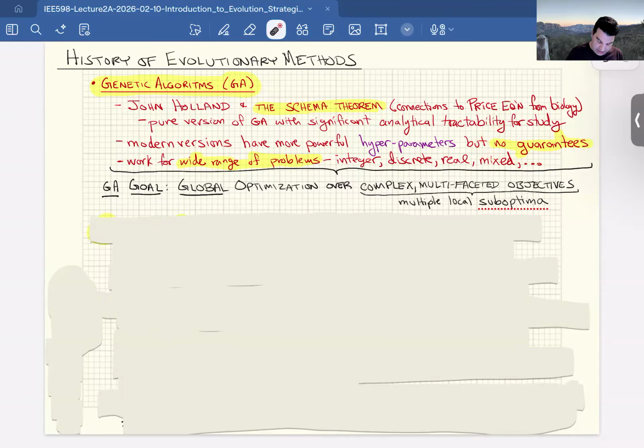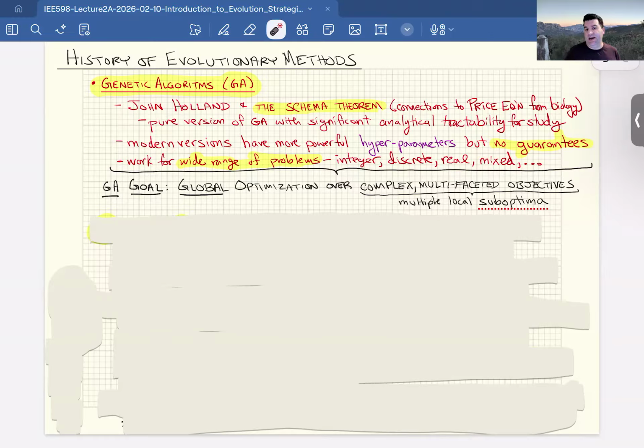We know that the GAs work for a wide range of problems. They work for problems with integer decision spaces. They work for problems with discrete decision spaces where your decision variables don't have a natural order to them. They work for real and they work for mixed versions of these things as well. So this is a very general purpose approach.